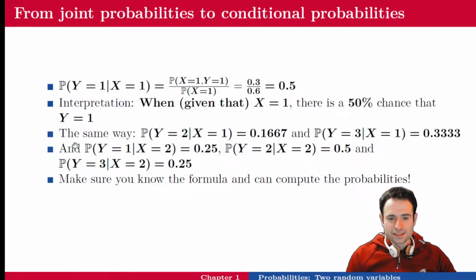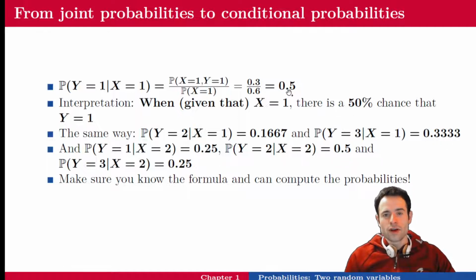Note that when x is equal to 1, so here, here, and here, y can either be 1, 2, or 3. And if I add 0.1667, 0.3333, and 0.5, I get 1.